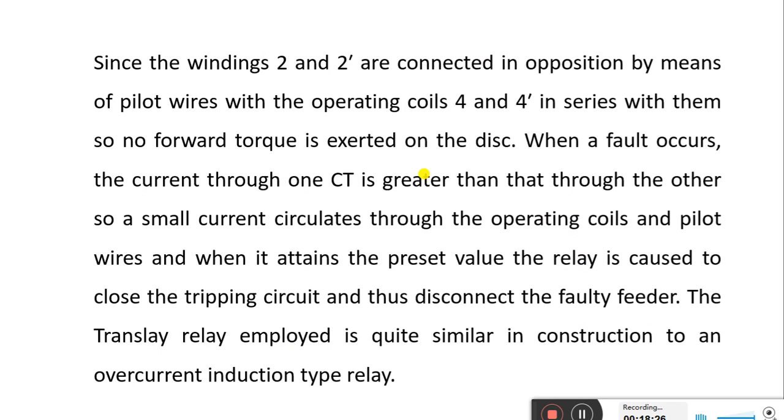Now since the windings 2 and 2 dash are connected in opposition by means of pilot wires with the operating coils 4 and 4 dash in series with them, no forward torque is exerted on the disc.